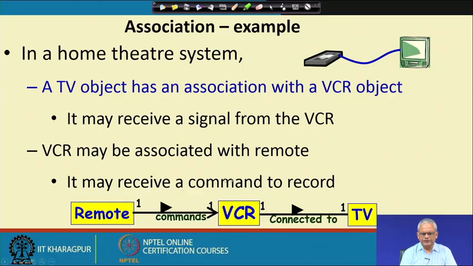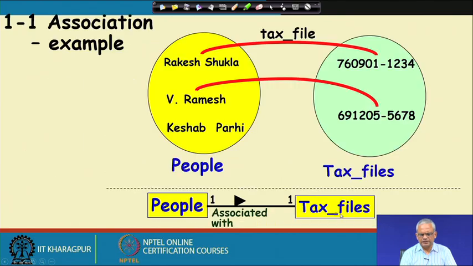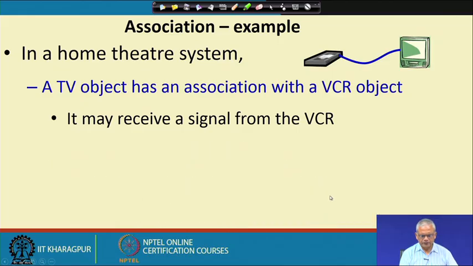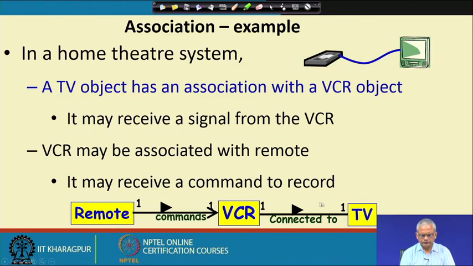The way we represent the association relationship is by drawing a line. There are different ways we can draw the line. Sometimes we draw an arrow, sometimes we just draw this line. We will see when we draw an arrow and when we draw a line, and we write here the multiplicity and we write the reading direction here.